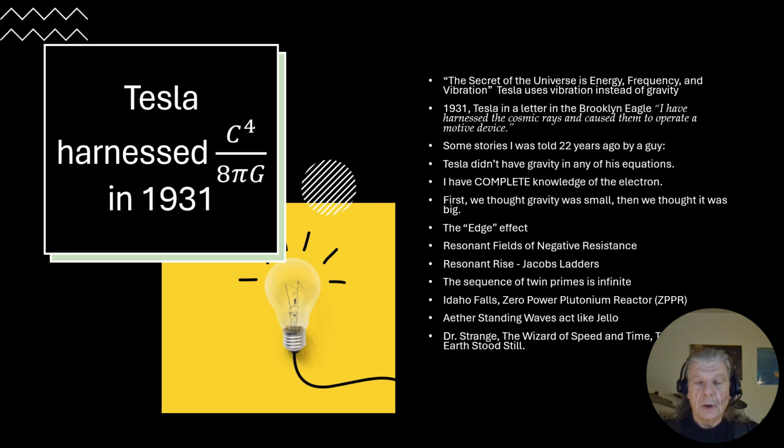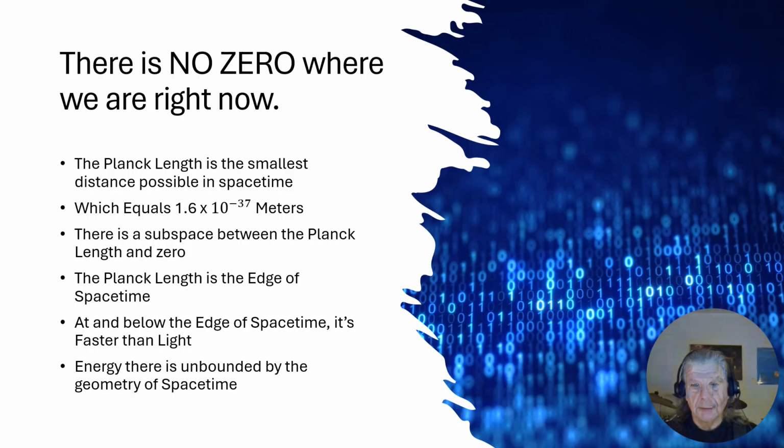One clue someone told me, which I cannot prove to you, is that Tesla did not use any gravity in any of his equations when he did this. He used vibration. He's quite proud of that. He thought Einstein didn't know what he was doing, but I believe Einstein actually did, as I'll show you.